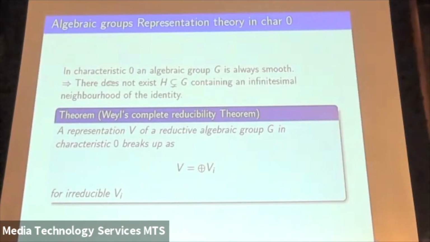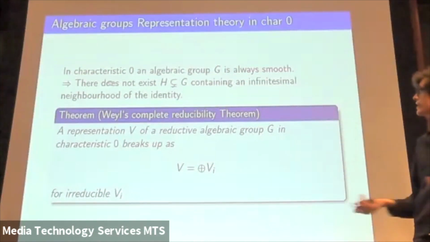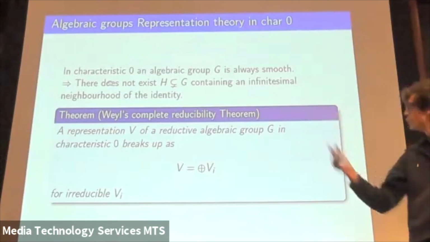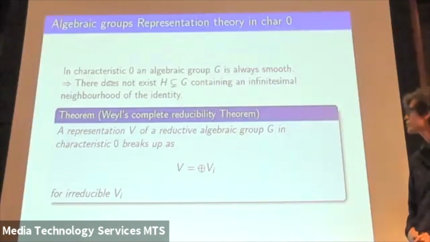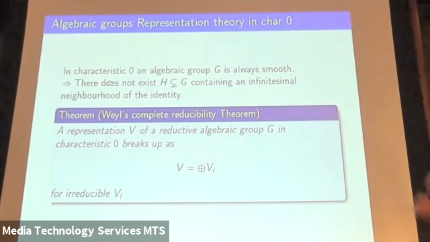So the idea here in characteristic 0 is passing to the tangent space. Somehow the tangent space of the group and an adequate notion of representations contains the whole information of the group, more or less. And using this, we can understand the representation theory of these reductive groups in characteristic 0, and the result is that it is easy.